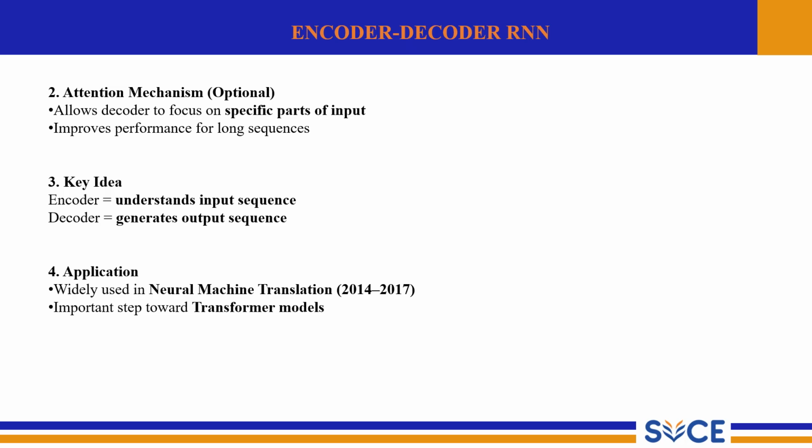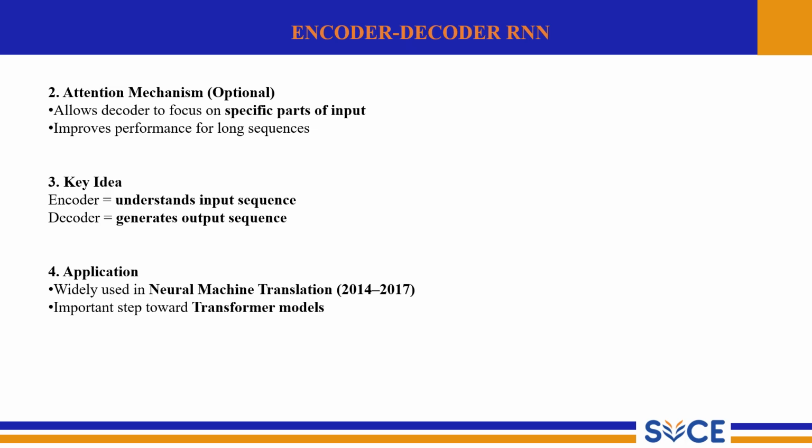Attention allows the decoder to focus on specific parts of the input sequence at each time step instead of relying only on a single fixed vector. This means that while generating each output word, the decoder can look back at different parts of the input sentence and decide which parts are more relevant.